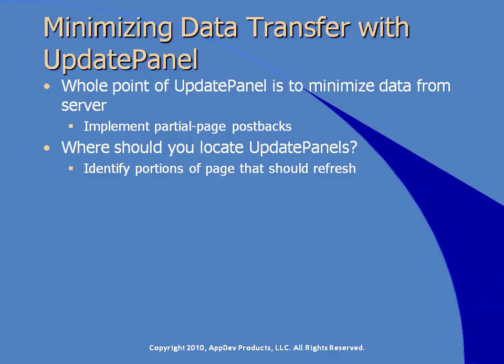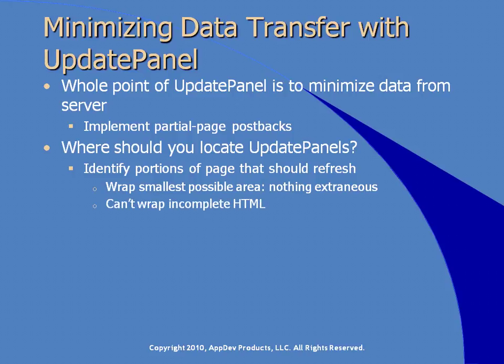If only the contents of a drop-down list need refreshing, include only that drop-down list. If a single cell in a table would change, don't include the entire table in the update panel. In general, wrap the absolute smallest area of the page that you can get away with. Include nothing extraneous.